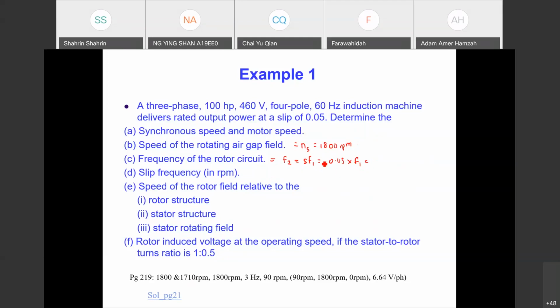So this is the frequency at the rotor circuit. Okay, please note that this motor is AC, so your stator circuit will operate at 60 hertz, while your rotor, because your rotor also has a winding, has its own circuit. Okay, so it will actually be operating with 3 hertz frequency.